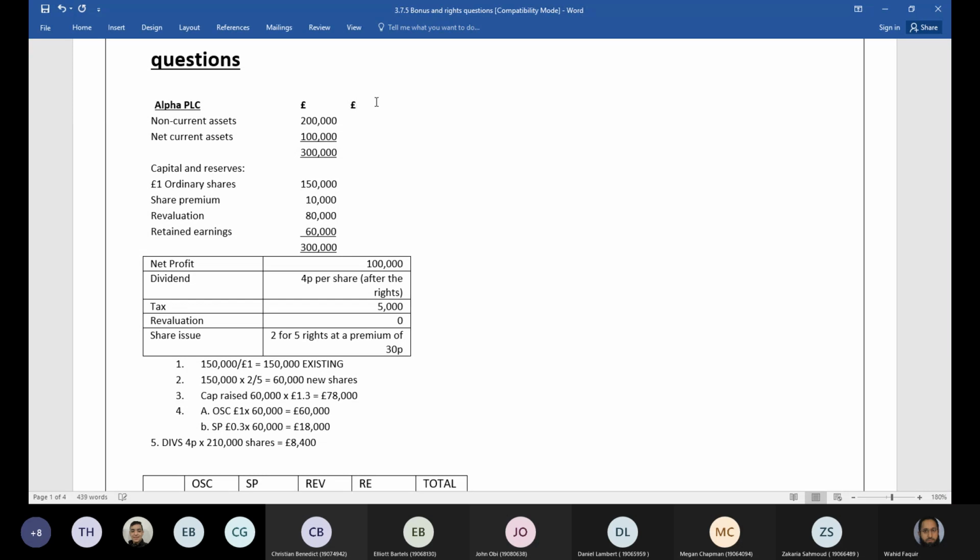These are my end figures then. This was at the start. And let's put the figures in. Did non-current assets go up in value? Was there a revaluation? No. 200,000. What happened here?